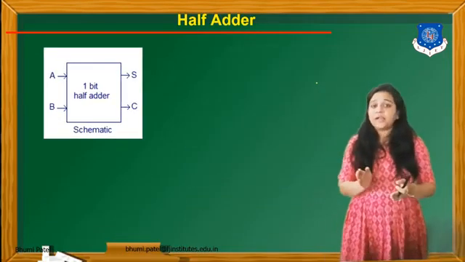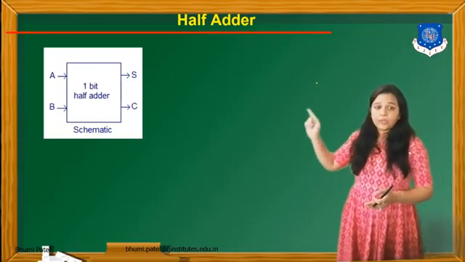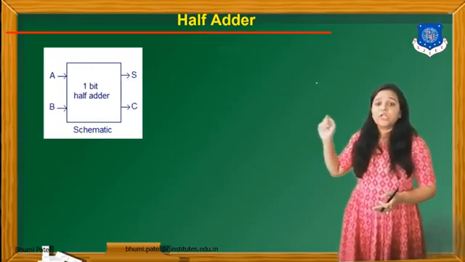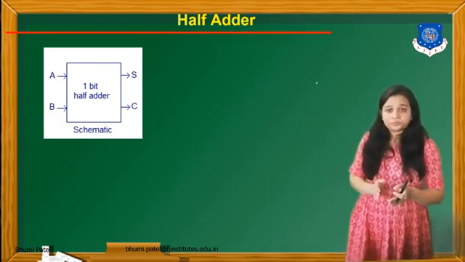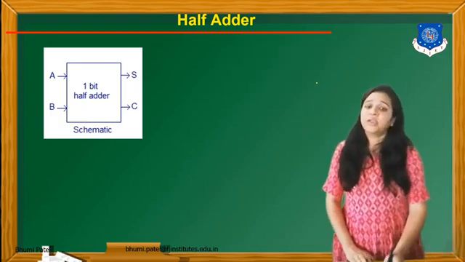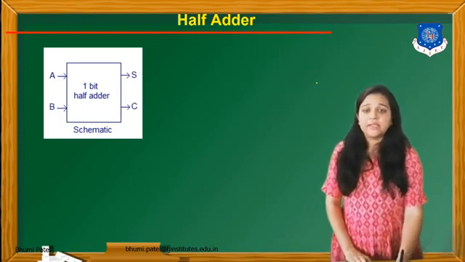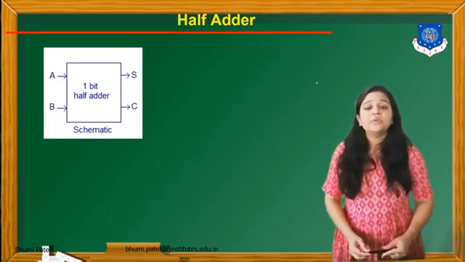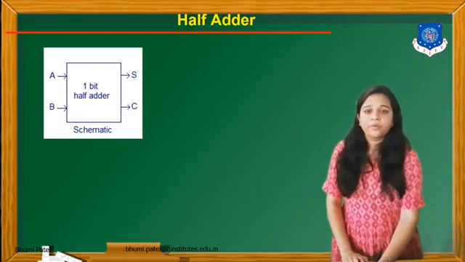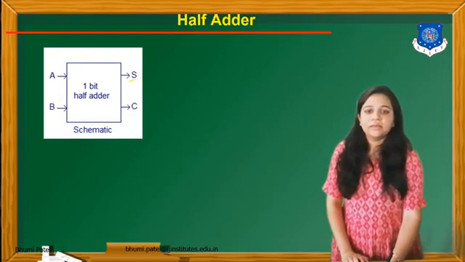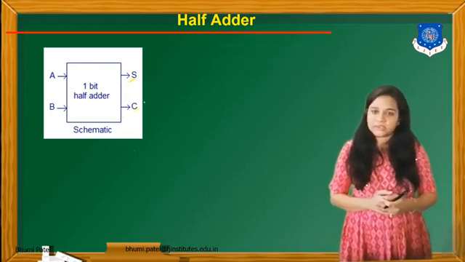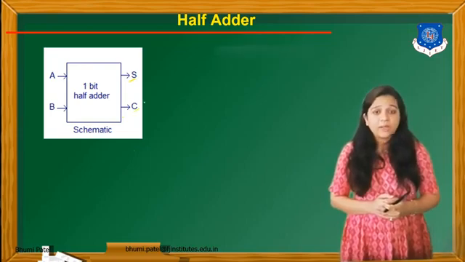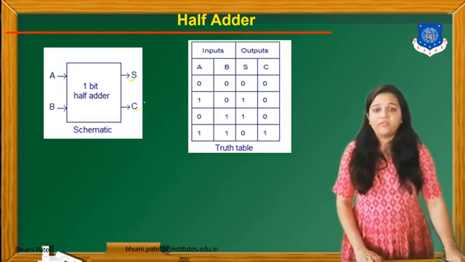A half adder is generally used for two inputs, so here we have input A and input B. In the output section we write S and C. S is known as the sum of the two bits, and C is the carry that is produced whenever we add the two bits. So this is the schematic or block diagram of the half adder.